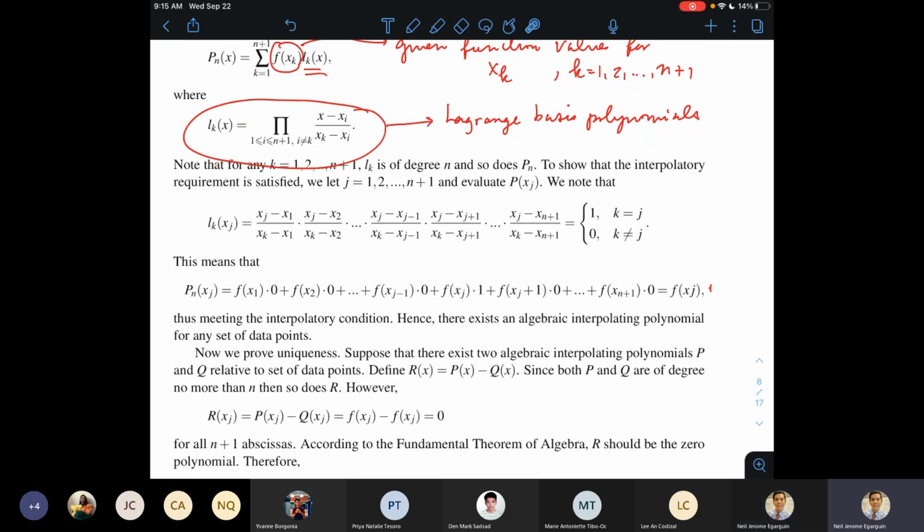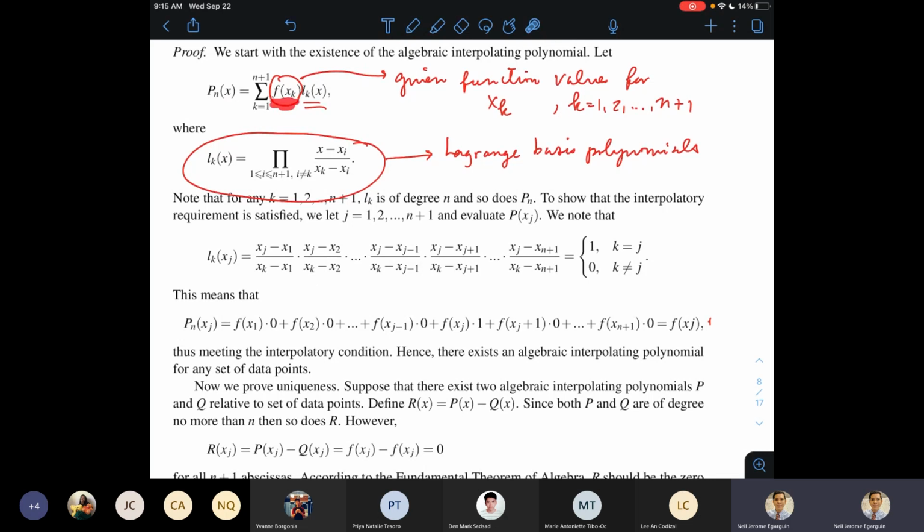Okay? And then si f of xk ay constant. So basically Pn is the sum of constant times a polynomial of degree n. So ibig sabihin kung walang cancellation na mangyayari, si P ay degree n. Kung may cancellation na magaganap, then P sub n could be of degree less than n.